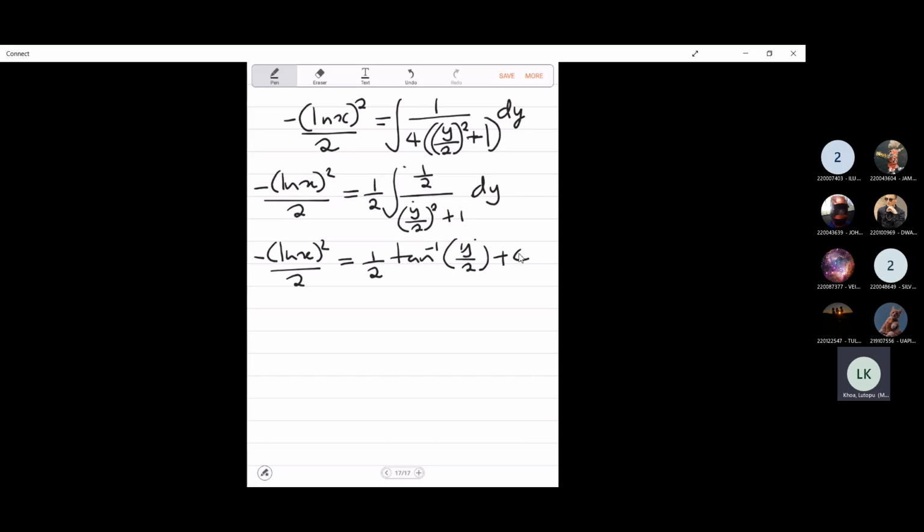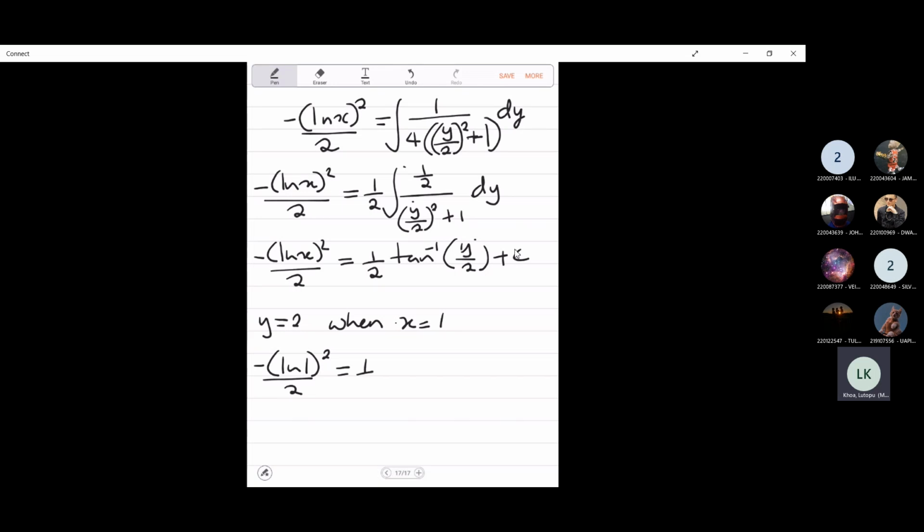And then now we want to solve for this c over here. We know that y is equal to 2 when x is equal to 1. So this is minus ln of 1, which is just 0, over 2.